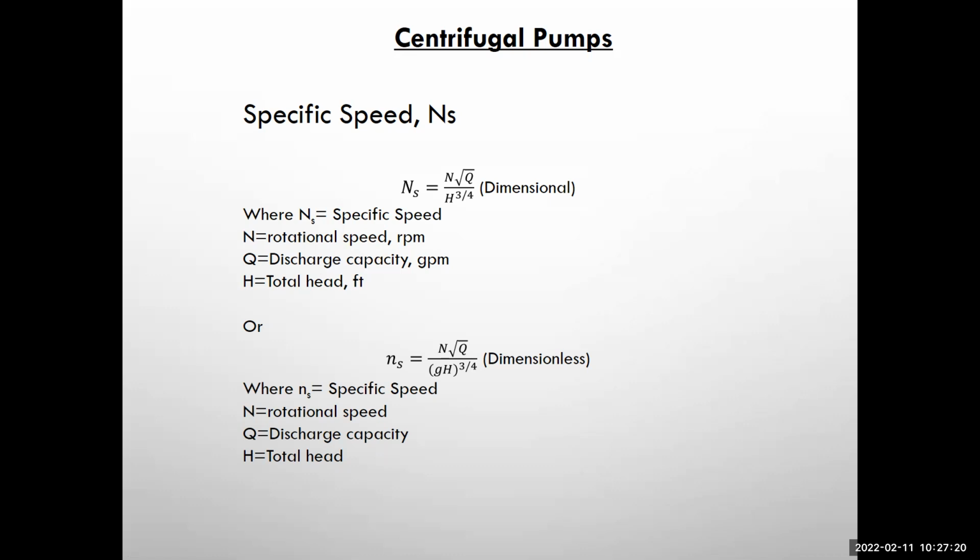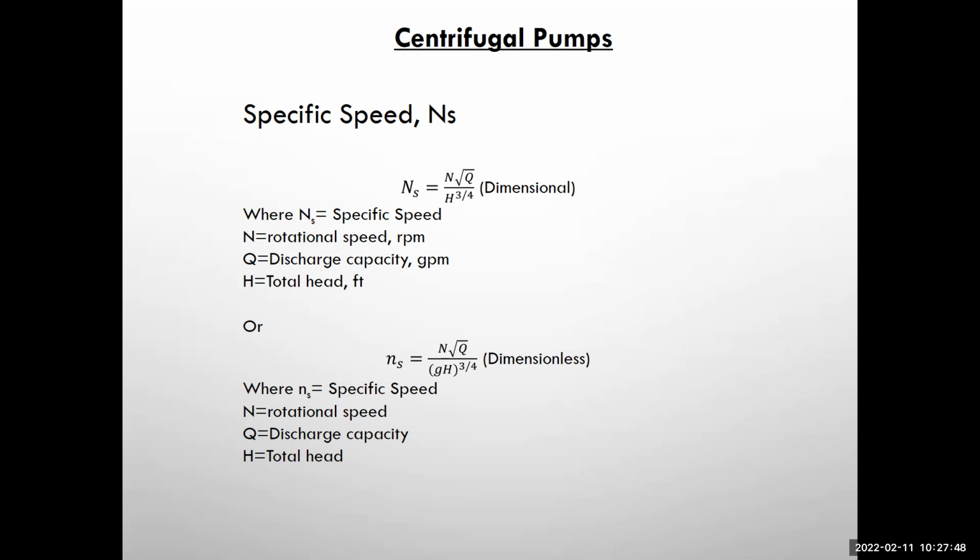You can see the screen, right? What will be the unit for Q? What will be the unit for head? That means you have some limitation, like you need to convert everything into these, then you can get the dimensional one, right? Now, the interesting thing, in the US, we use the dimensional one, but we act like the number is dimensionless, but it's not true.